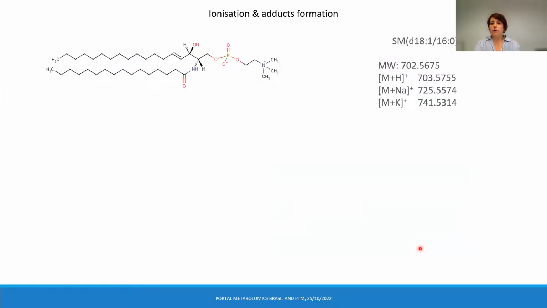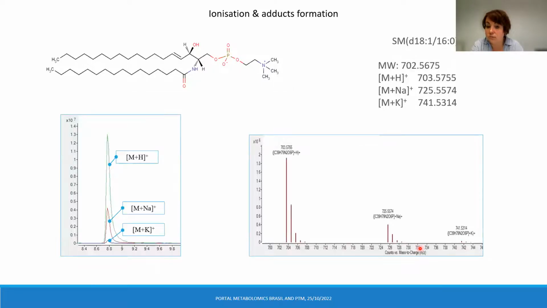Here I brought an example of sphingomyelin that can form 3 different ions in positive ion mode. And when I look into my data, both on LC and MS level, I can nicely observe all of those ions. And what is highly important, I know that this is obvious, but I really prefer to pronounce this out loud, that if we are talking about ions formed by the same molecule, they must overlap.